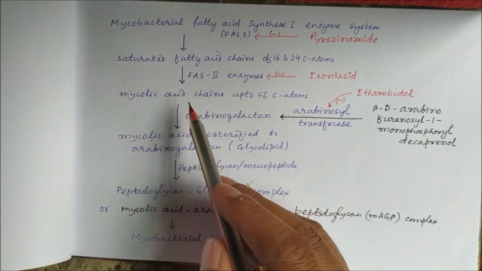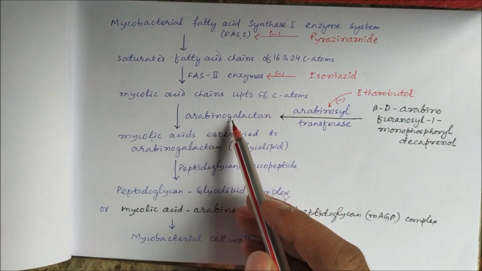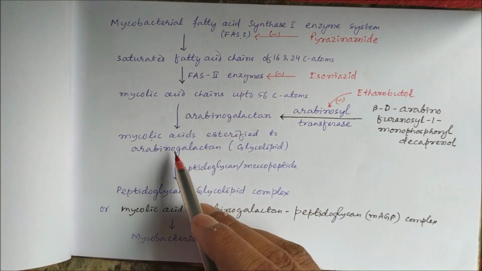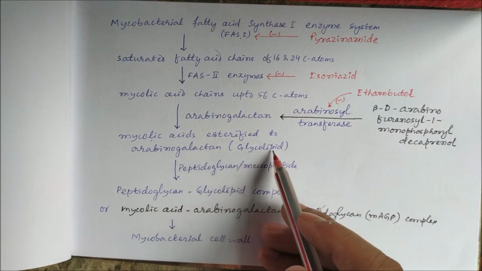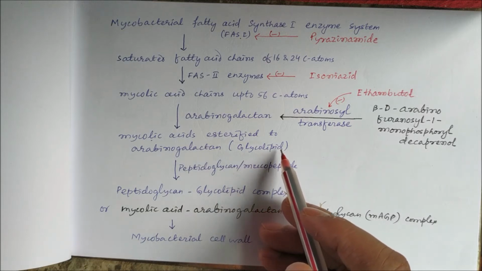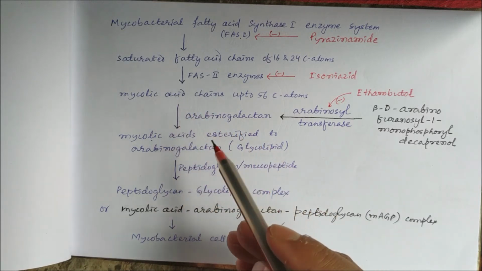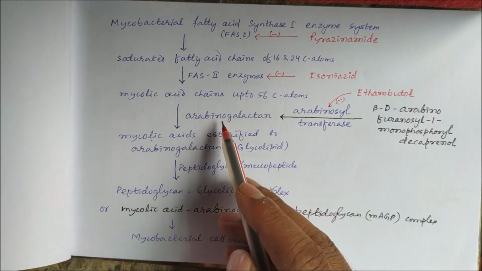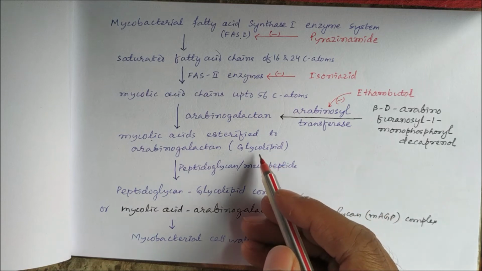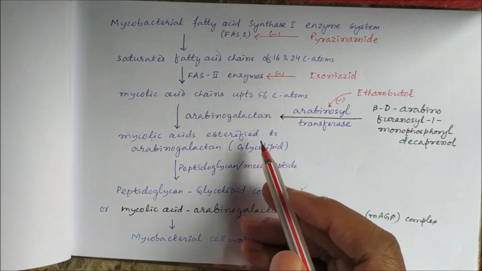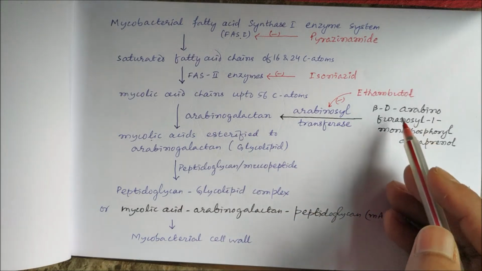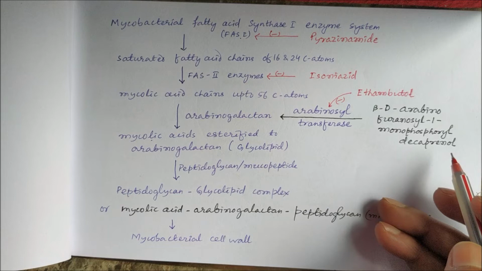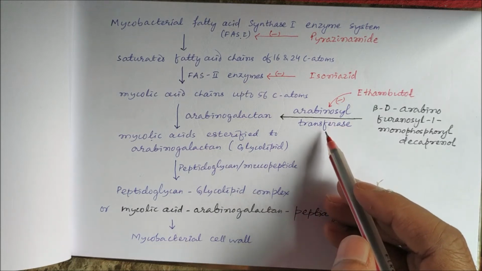Now mycolic acid in combination with arabinogalactan will form a glycolipid. That means the mycolic acids are esterified with arabinogalactan, and we get a glycolipid. Arabinogalactan is produced from beta-D-arabinofuranosyl 1-monophosphoryl decaprenyl in the presence of arabinosyl transferase.